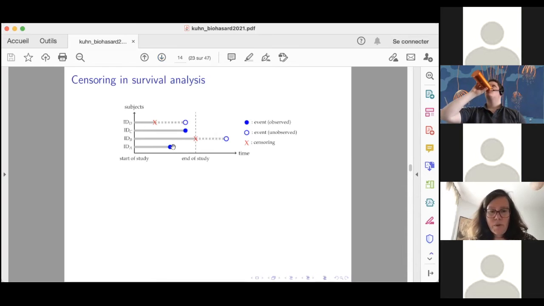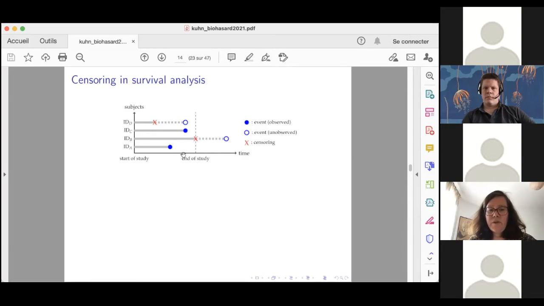So the blue point represents the event, and it is white or colored inside depending on whether the event is observed or unobserved. So here you can see these two individuals are observed because the event occurs before the end of the study, which is represented here.